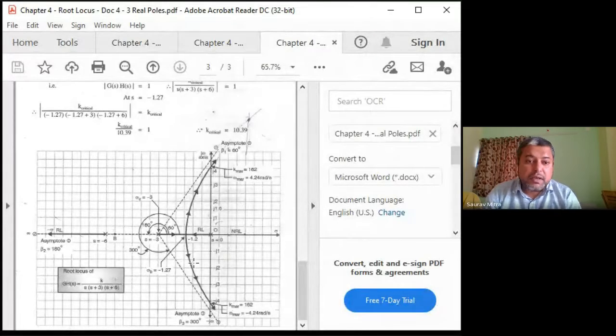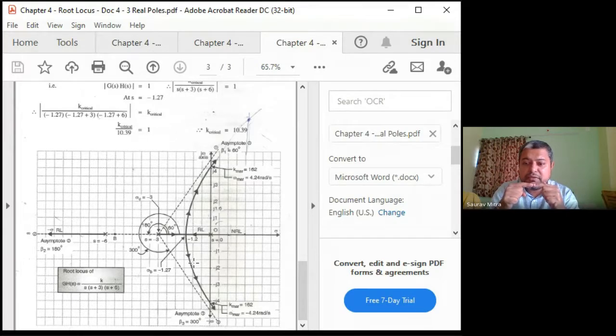That means whichever gain gives poles at minus 1.27, that is the highest gain at which you are finding a non-oscillatory response. After that, if you increase the value of k, the poles come like this. As long as they are on the real axis, the response will be non-oscillatory.